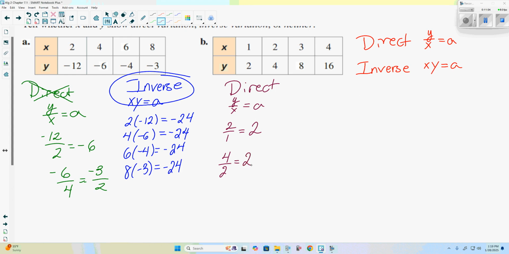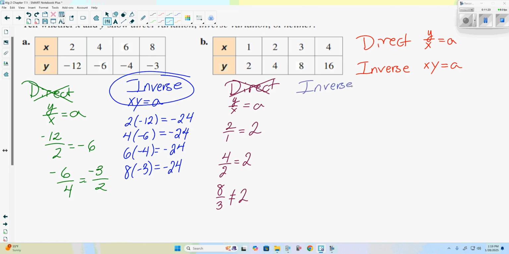So we've gotten 2 twice so far. Why do you think it's not going to be this one? What is 8 divided by 3? Well, it's not 2, yeah. So it's not going to be direct.